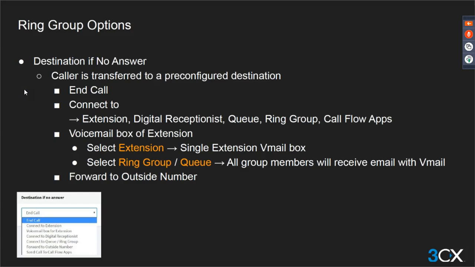So if somebody has left a voicemail, you cannot see the group voicemail on your individual phones. You will only receive it as part of the group email box. And finally, you can also forward the call from a ring group to an external outside number, which can be used if you are a small SMB kind of business and have many people in offices. You can also forward it to a mobile phone or an external number of your choice.